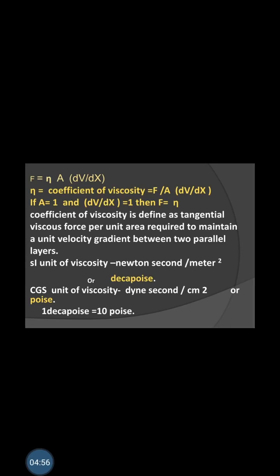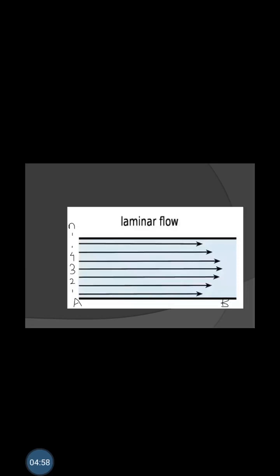Now we see streamline flow, laminar flow, or steady flow. Here is a flow from A to B. The flow is divided into a number of layers.